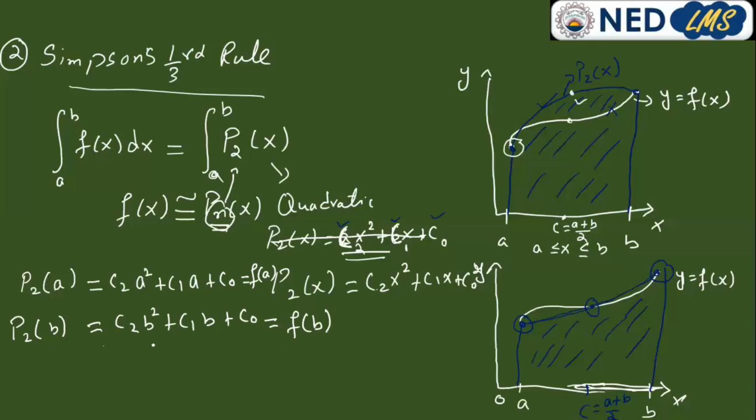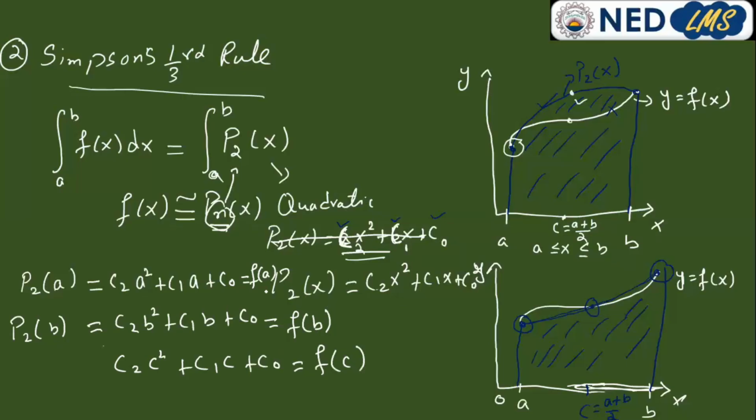And the third condition will be obtained using the midpoint. If I put c instead of x, I must get c2 c square plus c1 c plus c naught, and this must be equal to f of c.